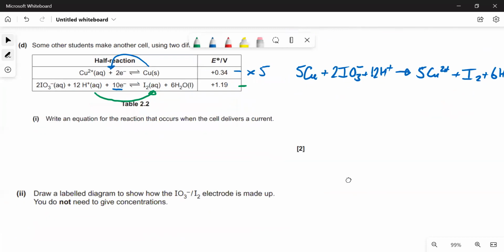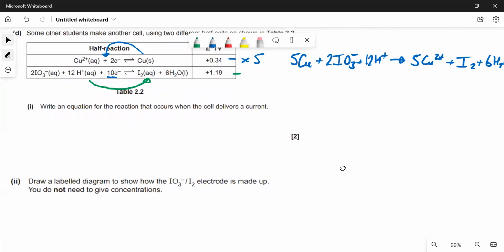that's that one there. Draw a labelled diagram to show how the iodate/I2 electrode is made up, and you don't need to give concentrations, so we need a beaker. Now we need a mixture of the oxidizing and the reducing agent. So everything present in this equation we're going to need. So we're going to need iodate ions, H+ ions, iodine, and don't worry about the water.